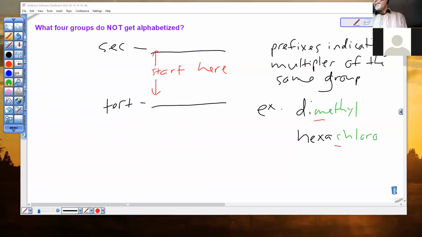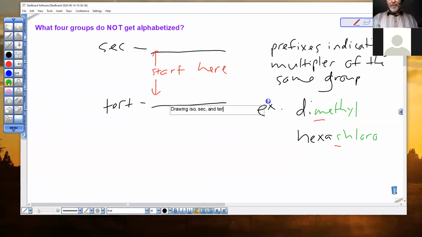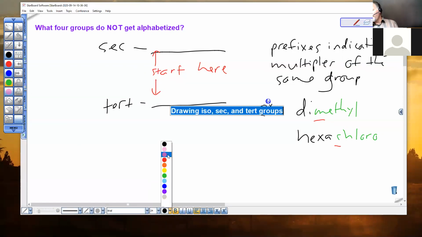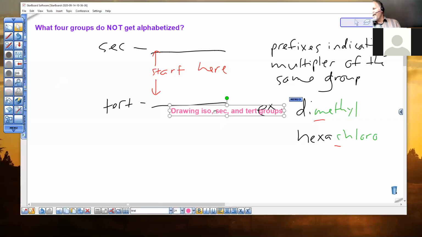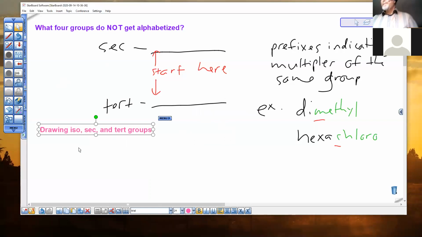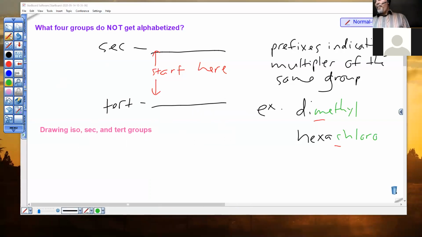And drawing isos, secs, and terts. Drawing iso, sec, and tert groups. Same story here. Okay, it's giving me a hard time. I got strategies for you that'll help you. Go pink.